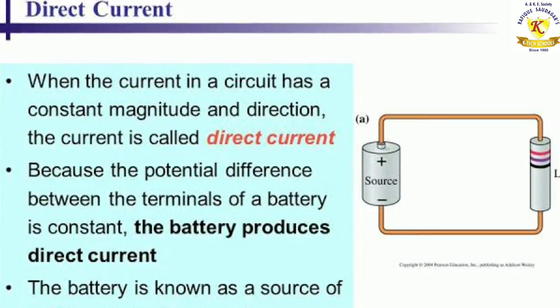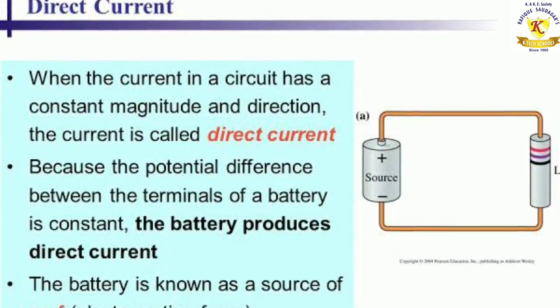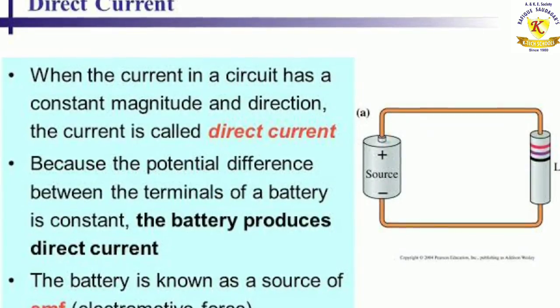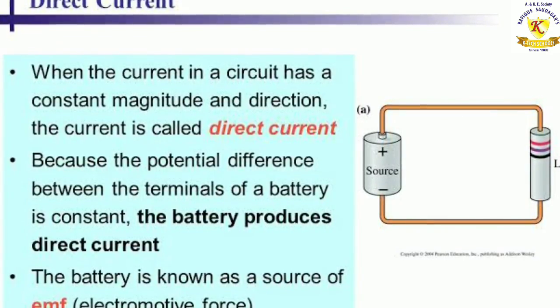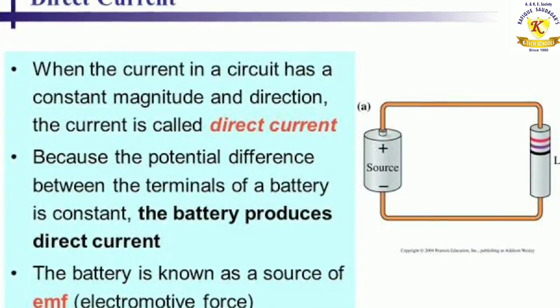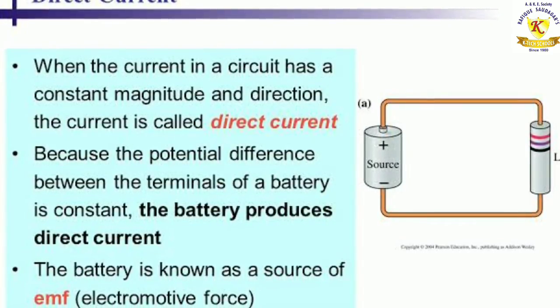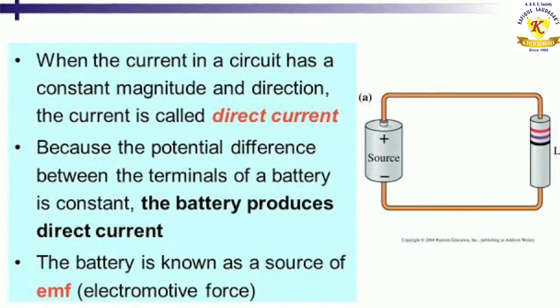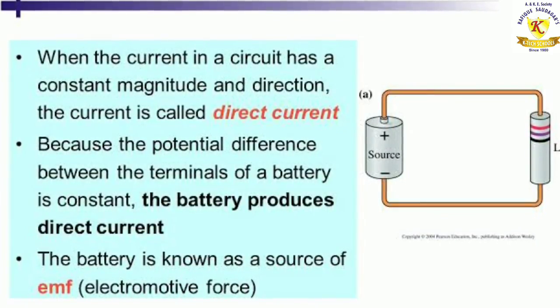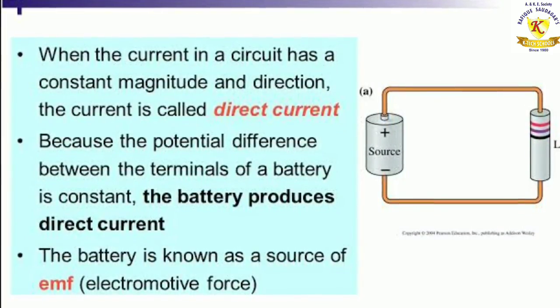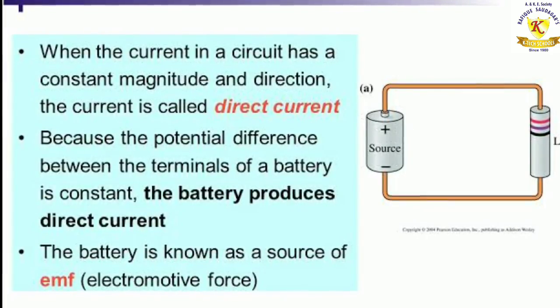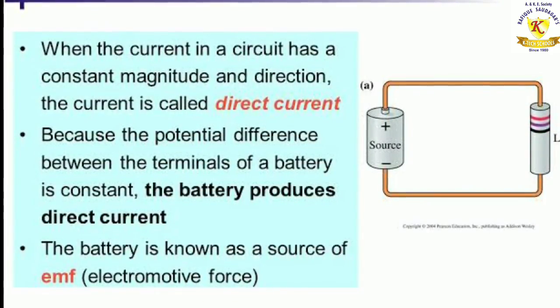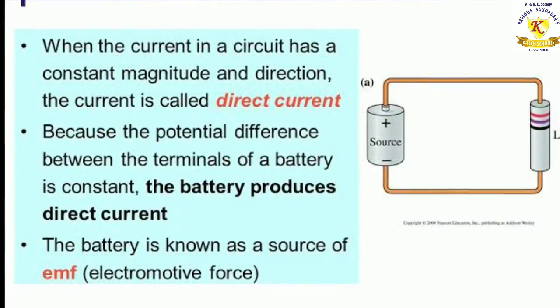Direct current. When the current in a circuit has a constant magnitude and direction, the current is called direct current. Because the potential difference between the terminals of a battery is constant, the battery produces direct current. The battery is known as the source of EMF, that is electromotive force.